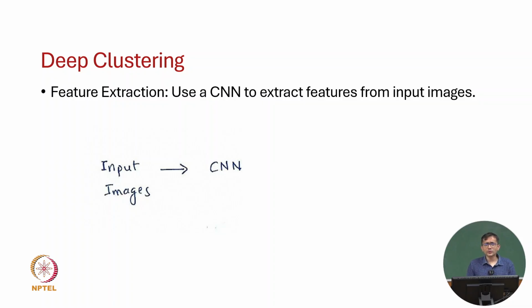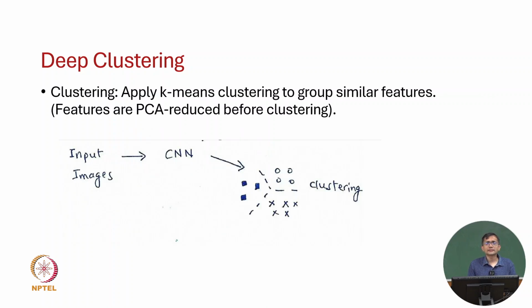So what shall we do? Given the input images, we are using this CNN to extract the features. What shall we do with these extracted features? We can simply use some sort of clustering algorithm to cluster the input images based on these extracted features into a number of clusters.